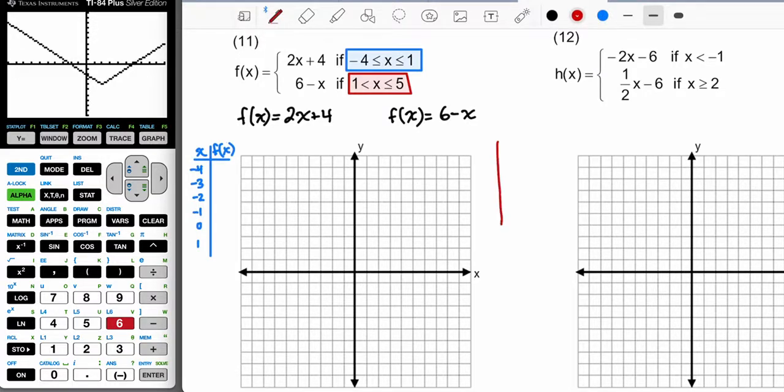For the other piece of this function, it's going from 1 to 5. So x, f of x, 1, 2, 3, 4, 5. I just need some y values to go along with those x values. And you're not limited. You could use your calculator if you want. You can do it in your head.